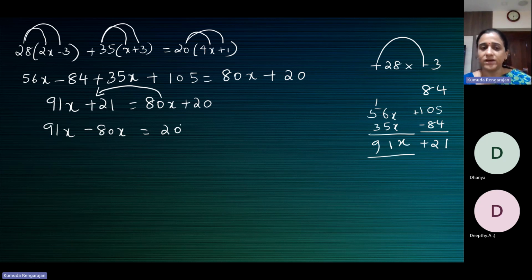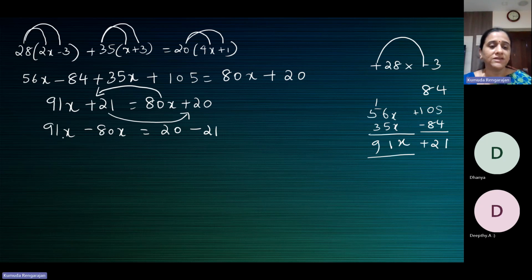So it remains there. This plus 21 from the left-hand side travels to the right-hand side as minus 21. Plus 80x becomes minus 80x. Plus 21 becomes minus 21.